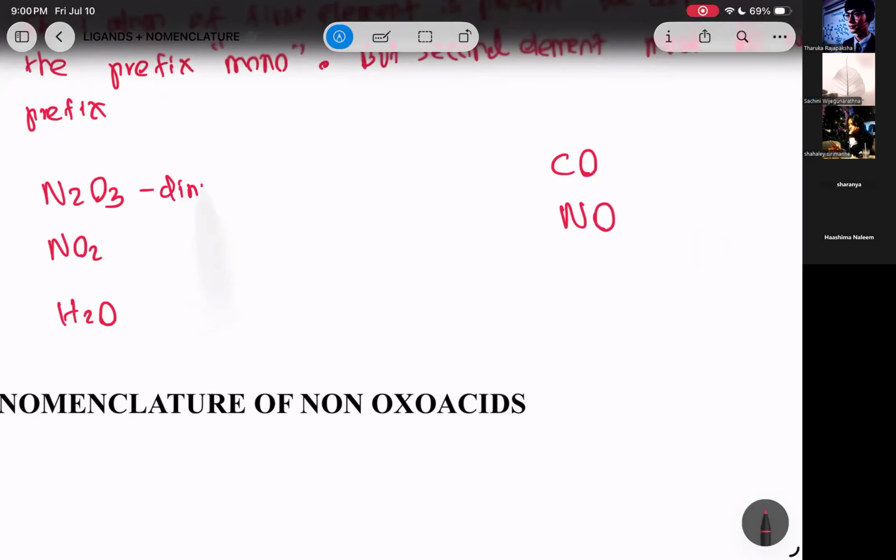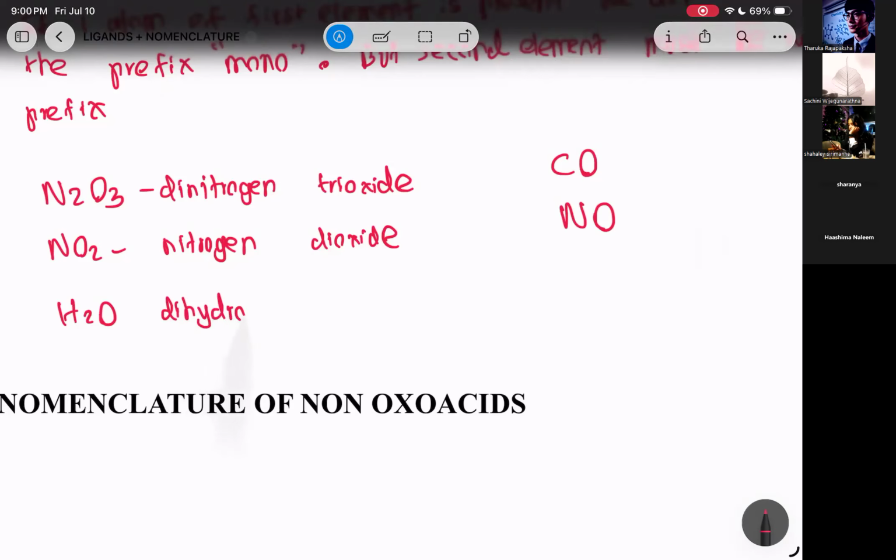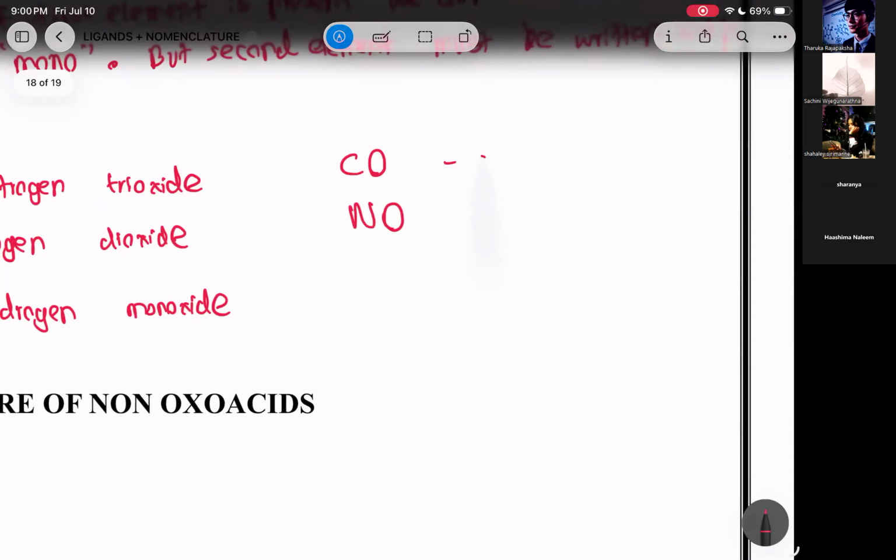This is dinitrogen, leave a space, trioxide. Dinitrogen trioxide. This is nitrogen, you don't write mono. Nitrogen dioxide. This is dihydrogen monoxide. This is carbon monoxide. This is nitrogen monoxide.